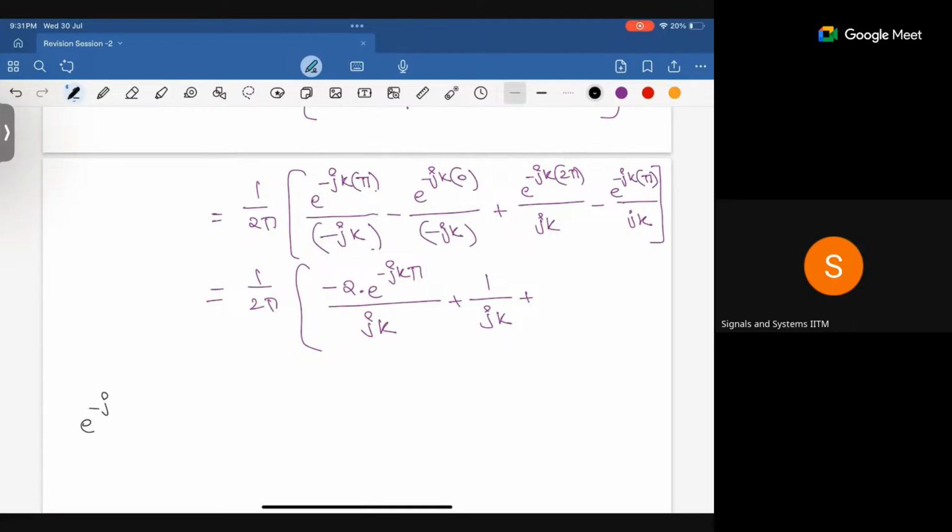E power minus jk 2 pi is cos k 2 pi minus j sin k 2 pi. And k is an integer. What will this be?